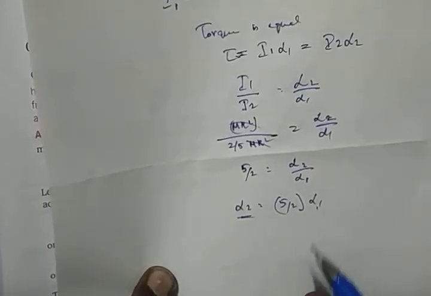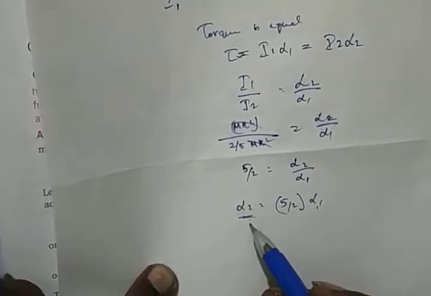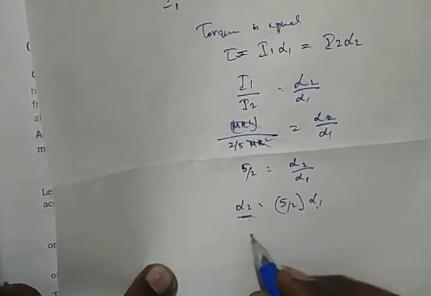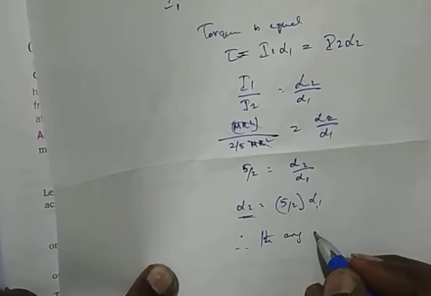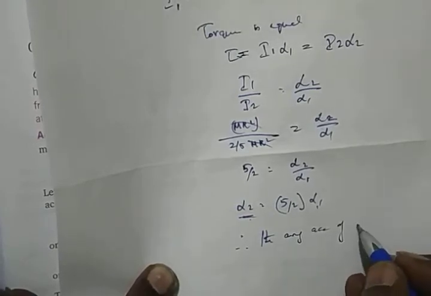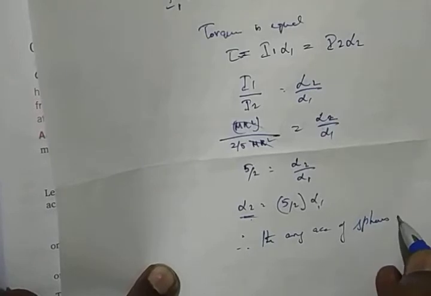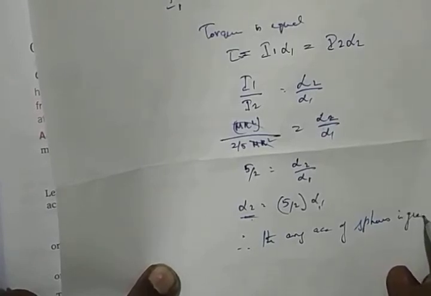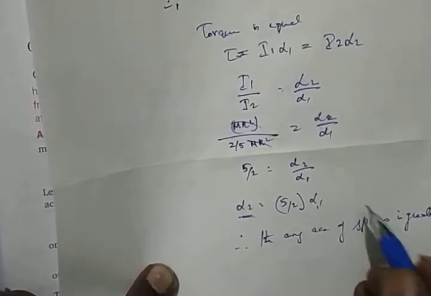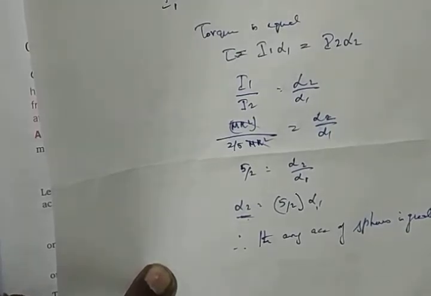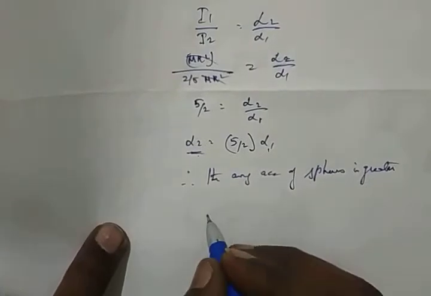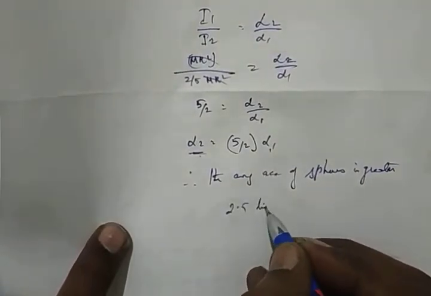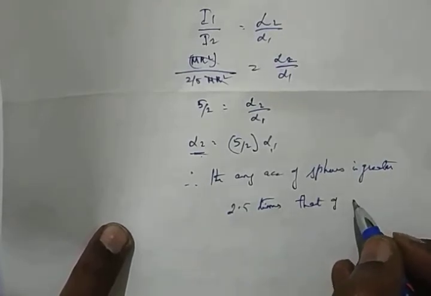Alpha 1 is less and the sphere gives faster speed. Therefore the angular acceleration of the sphere is greater. How much? It is 2.5 times greater than the hollow cylinder.